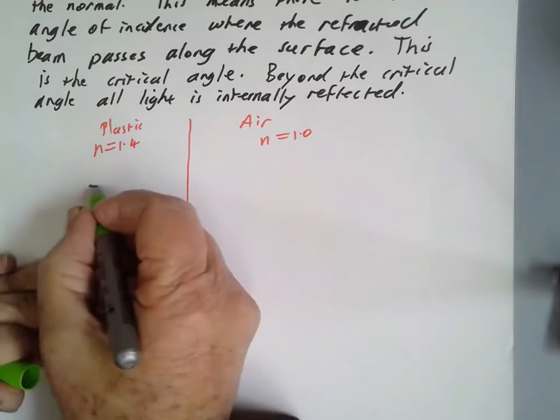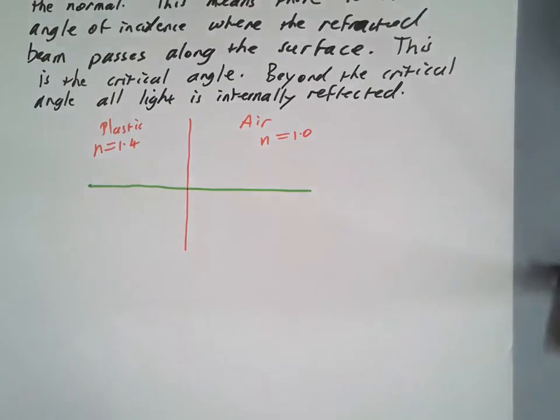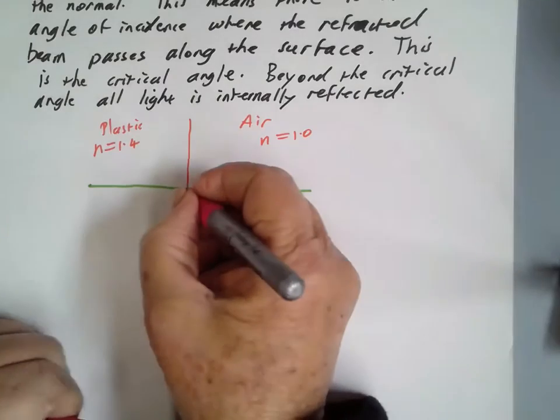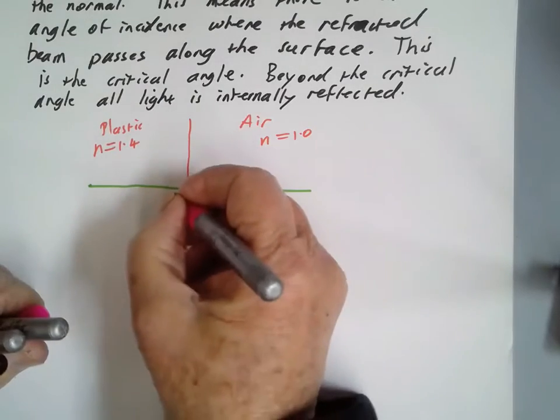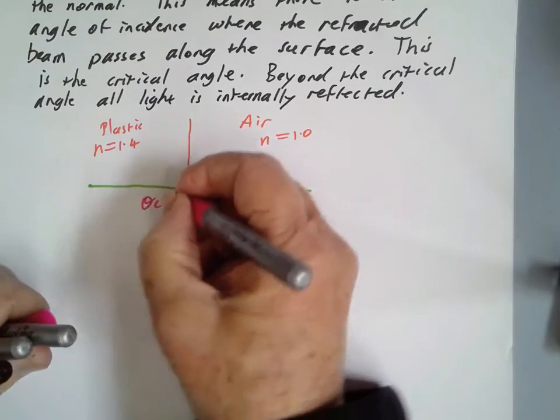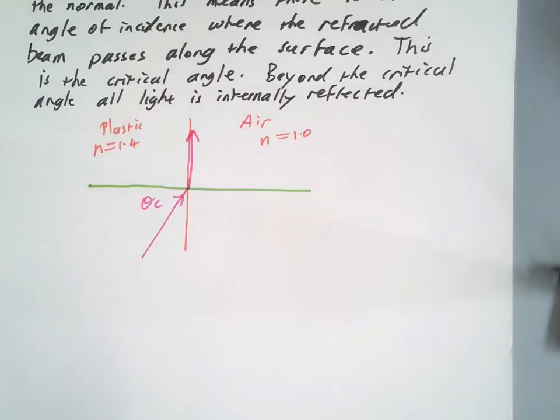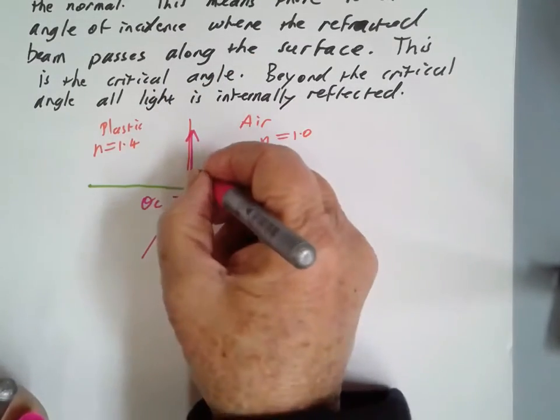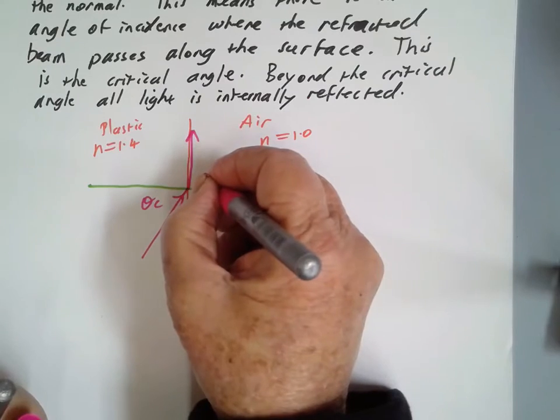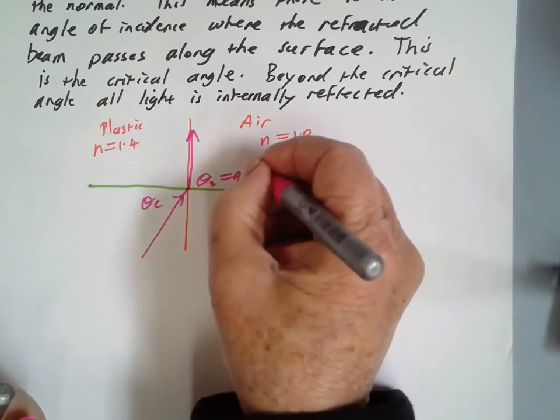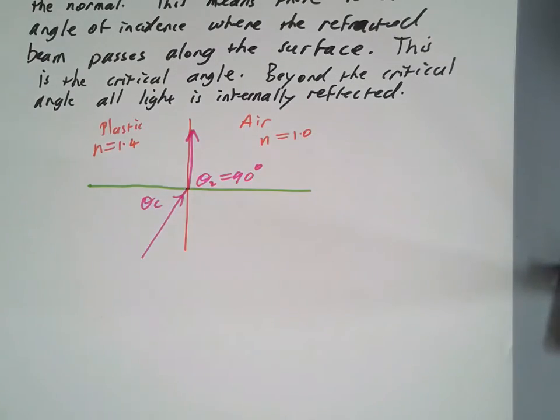We put in our normal, and in practice there is such an angle called theta C, where theta 2 equals 90, where the refracted beam goes straight along the surface.